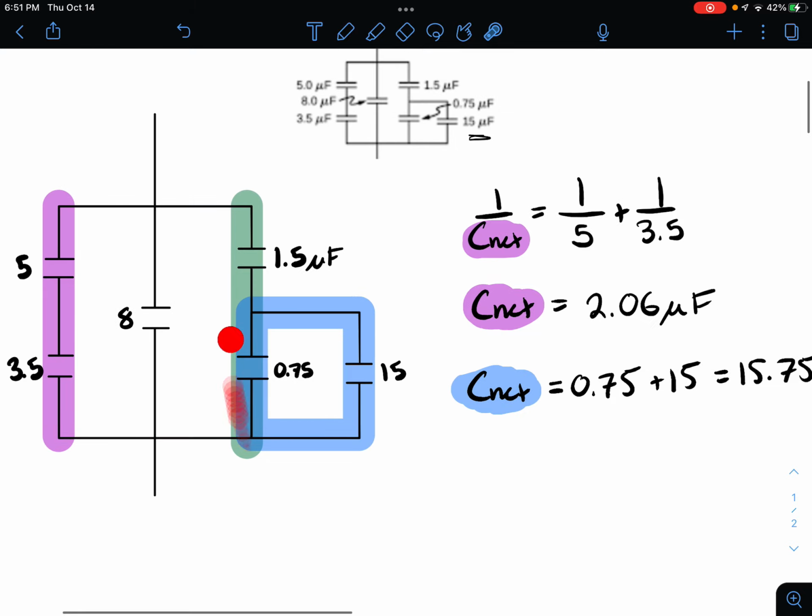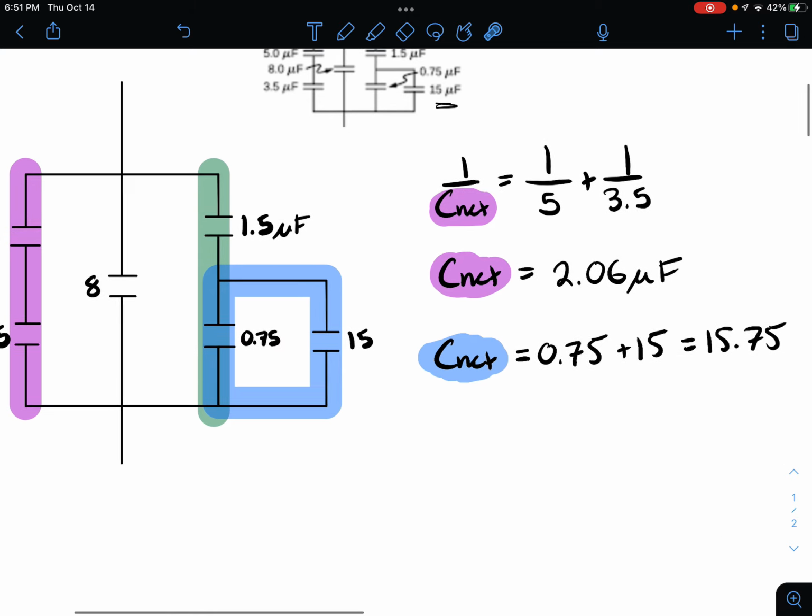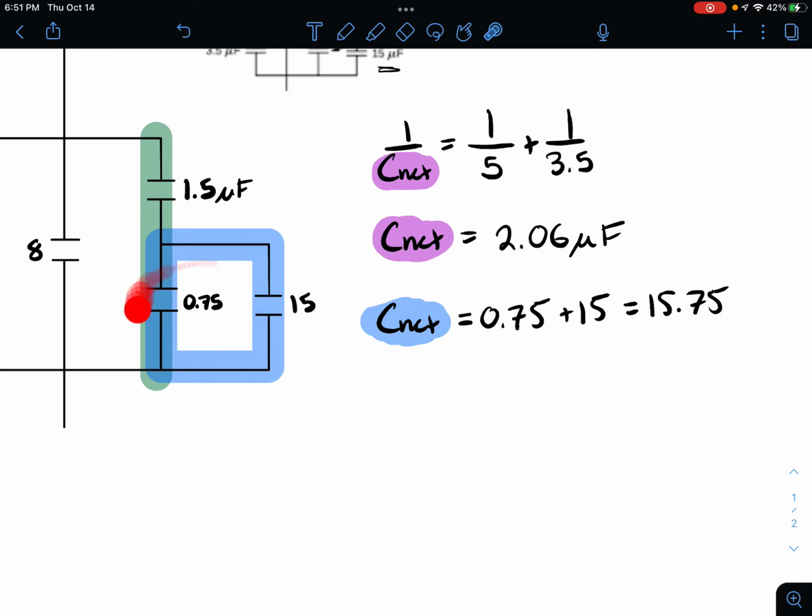Now this entire green line, this branch, this is in series, so it's this capacitor here in series with this section here. So we just calculated our net capacitance for this section, so now that is in series with this.